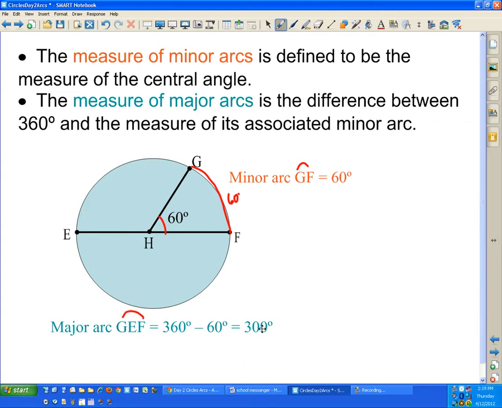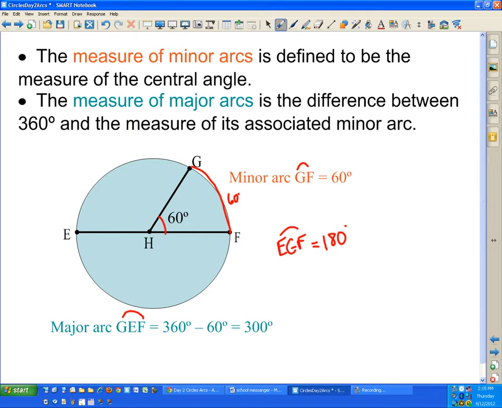and so we'd get that that's 300 degrees. Now, things that we can learn from this: we know that a semicircle, EF, or EGF if you want to call it that, would have a measure of 180 degrees. So E to G to F would be my semicircle. Semicircles are always 180 degrees.